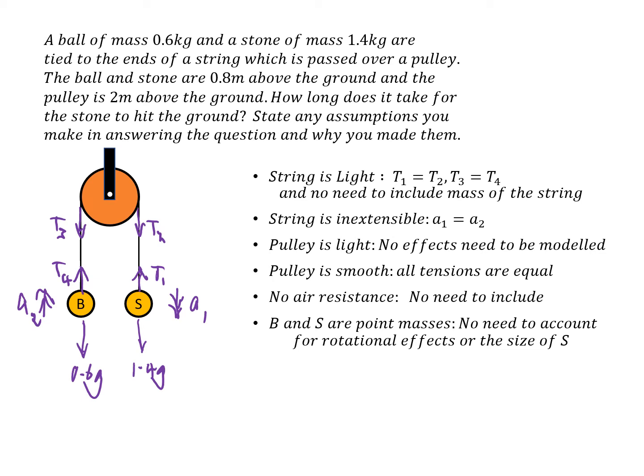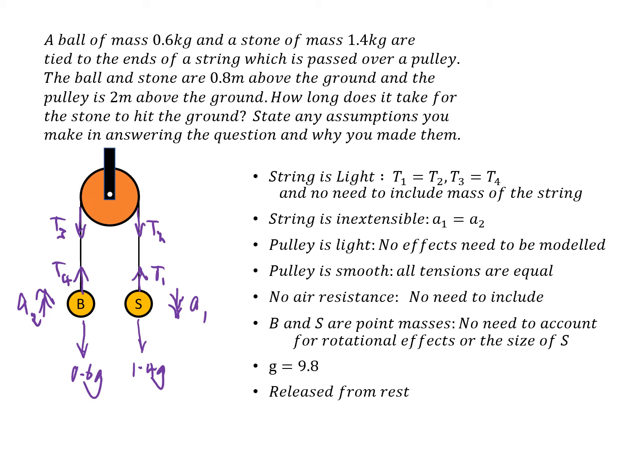Are we there yet? Has anyone thought of any more modelling assumptions that we would need to make? Well, I can think of two more. The first one is that g is 9.8 meters per second squared. And finally, that the system is released from rest.